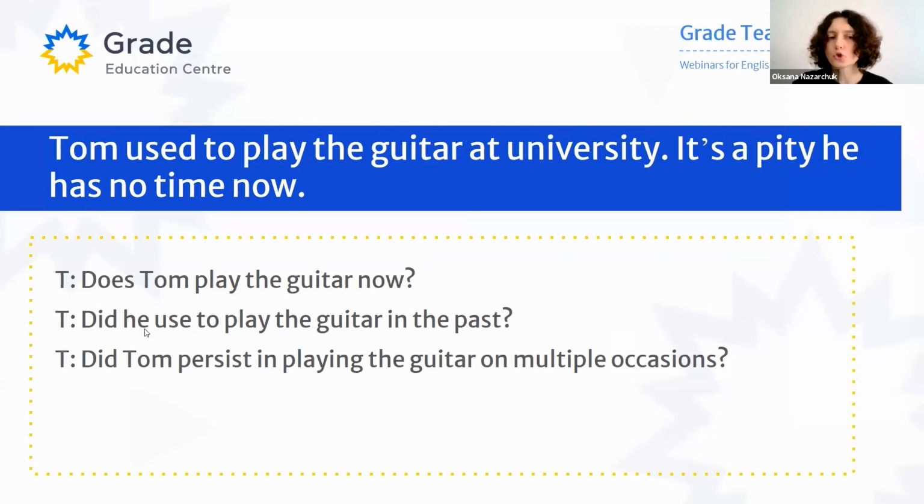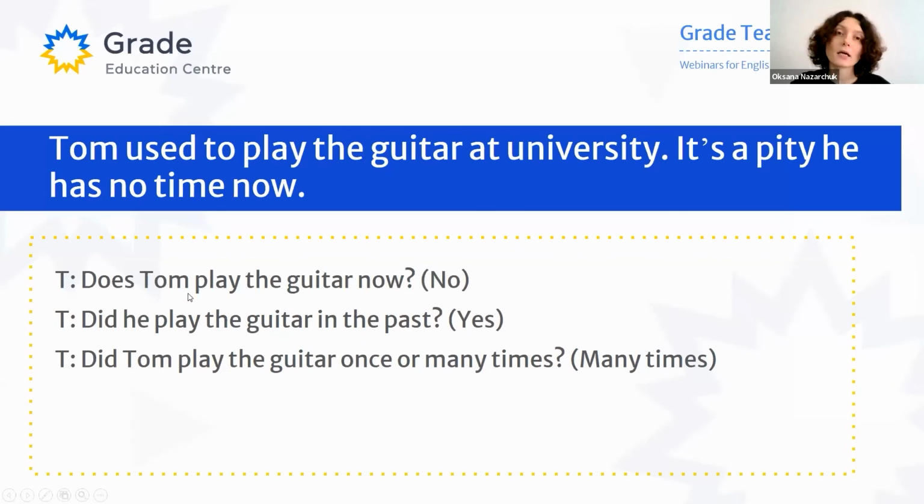Number 2 is not good because, again, the target structure is being used here. So did he used to? We can't use the target structure in the question. Number 3, again, overcomplicated. Used to is typically introduced at pre-intermediate, sometimes even at elementary. Too complicated for this level. But if we look at these questions, they are much better. So again, we broke the meaning into components.